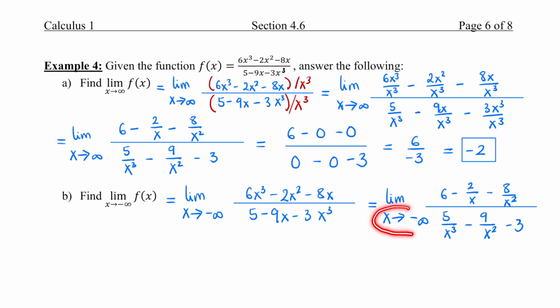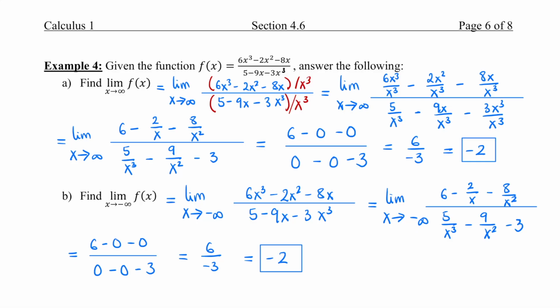And as x approaches negative infinity, all of these fractions go to 0. So we have 6 minus 0 minus 0 over 0 minus 0 minus 3, which is 6 over negative 3, which is negative 2. So the limit of f of x as x approaches negative infinity equals negative 2.